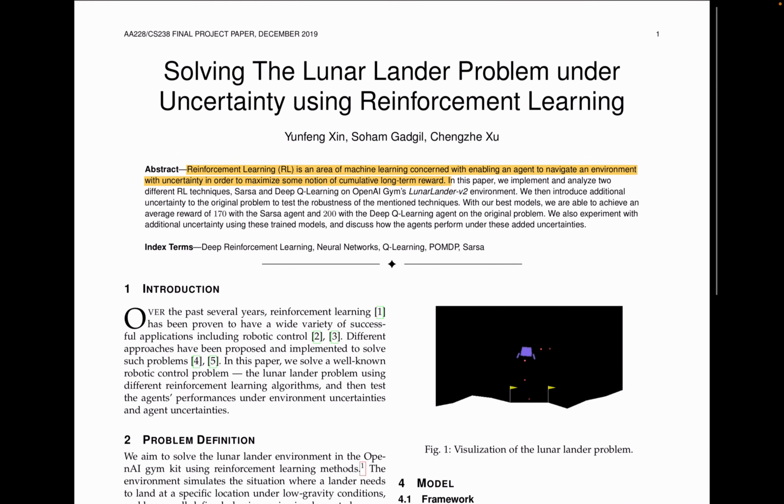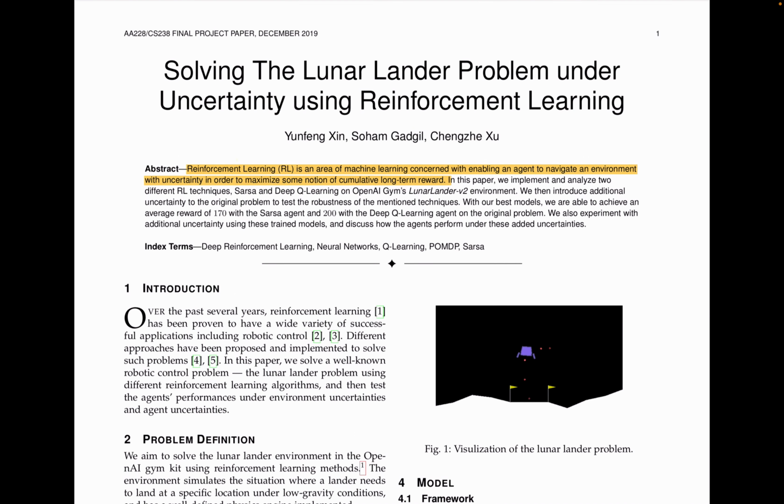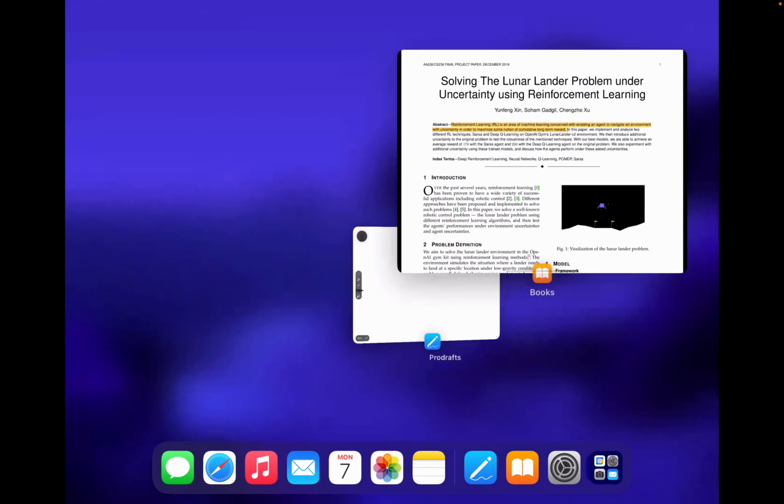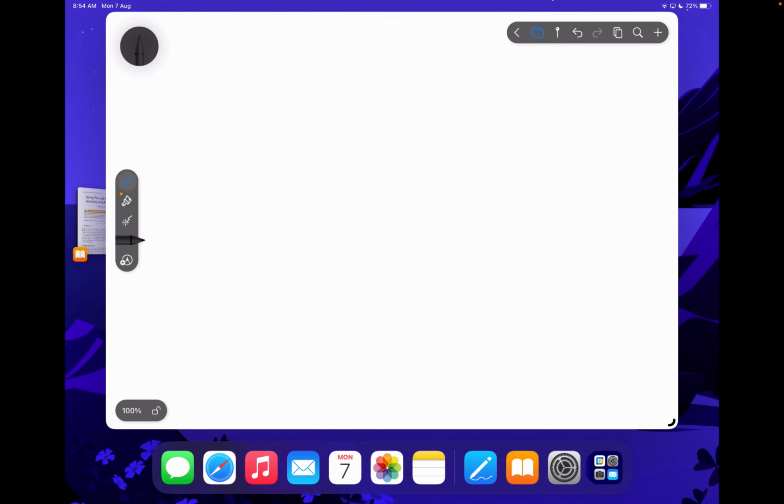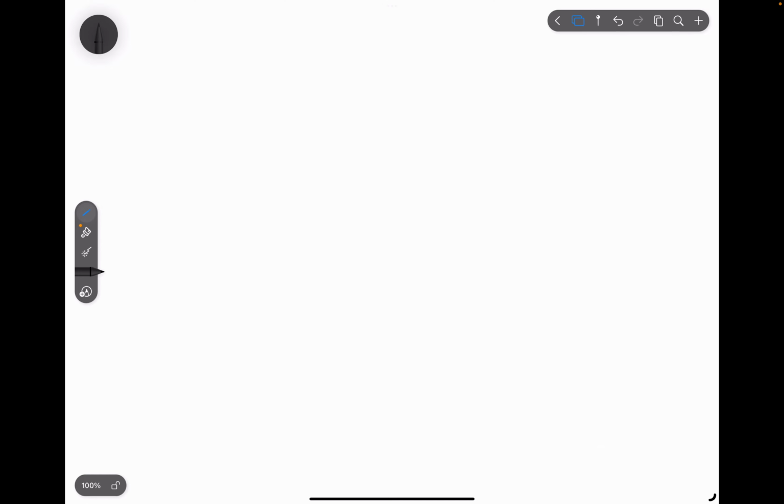The basic idea of reinforcement learning is that you have an agent, consider it to be yourself, and you have an environment. Say the agent is me, and the environment is a tree.